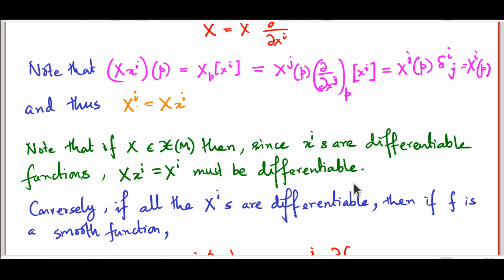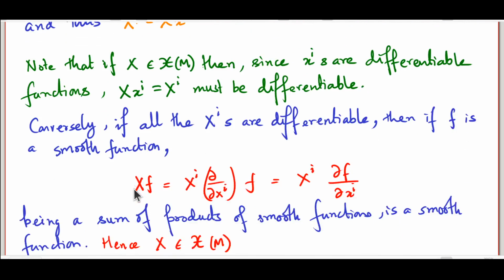Conversely, if all the capital Xi's are differentiable, and if f is a smooth function, then capital X acting on f, any smooth function, is basically capital Xi del del xi acting on f, and that's nothing but the product of capital Xi with del f del xi, according to the definition of a function multiplying a vector field. But notice that the moment you have this, it's a product of two smooth functions.